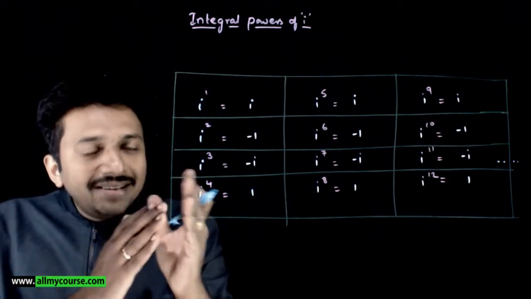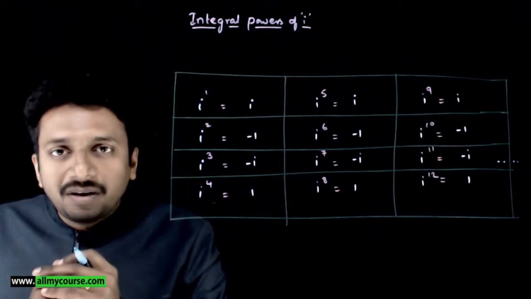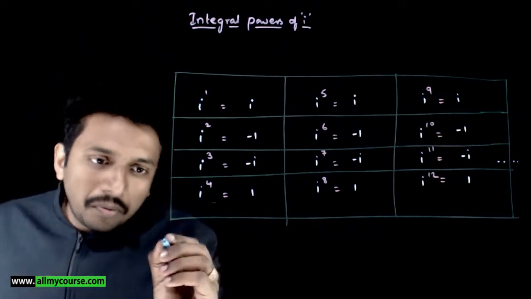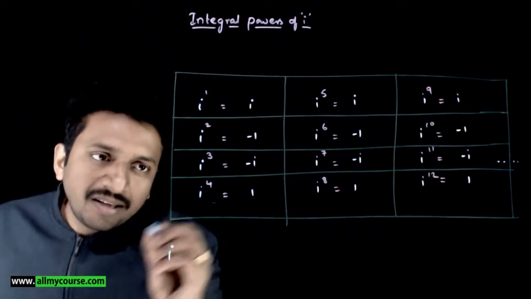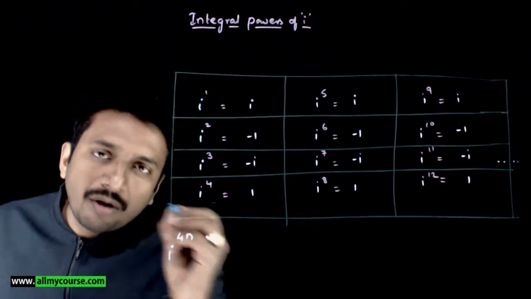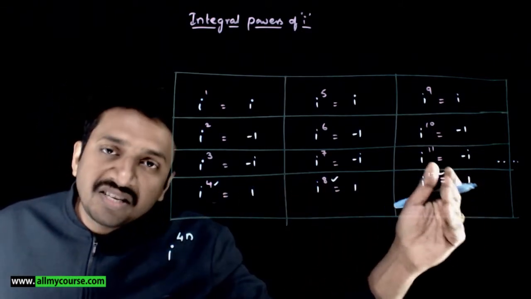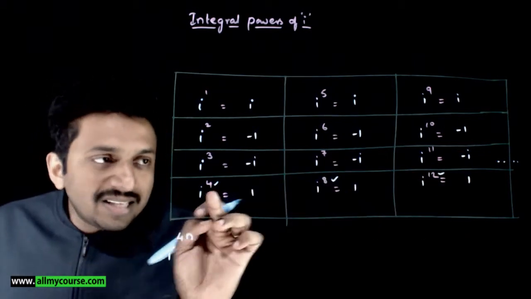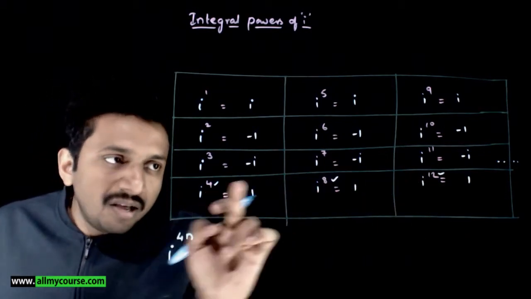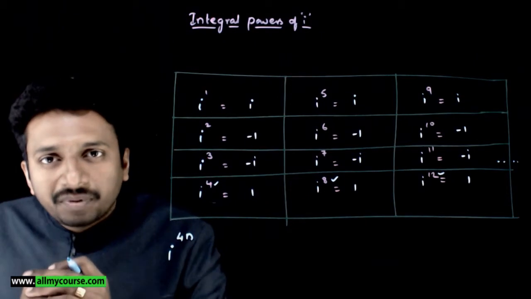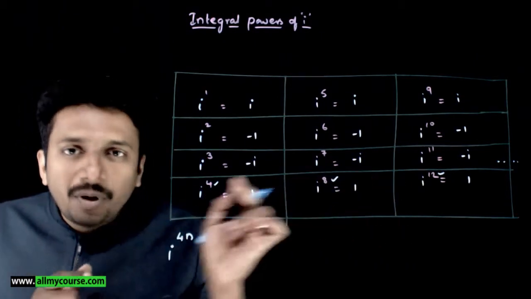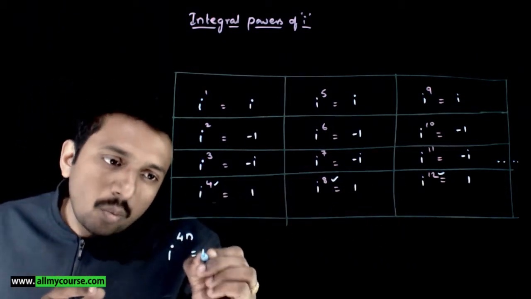So can you write this pattern in a nice mathematical form? So can I write it like this? If you have i power multiples of 4, that is 4, 8, 12, 16, 20 and so on, these are nothing but the powers which are multiples of 4. So if the power is a multiple of 4, you'll always get 1 as the answer.